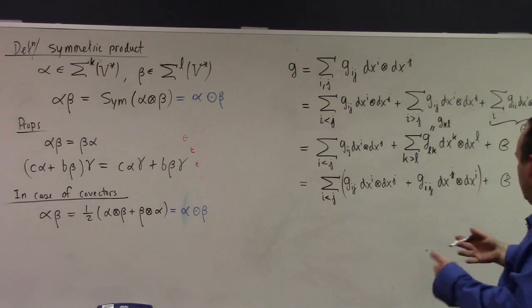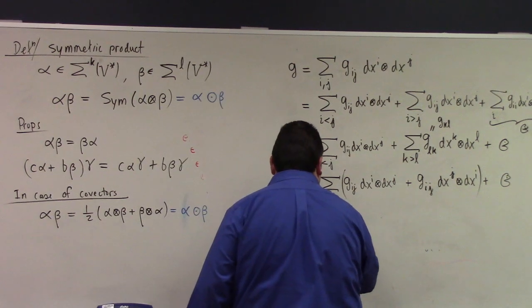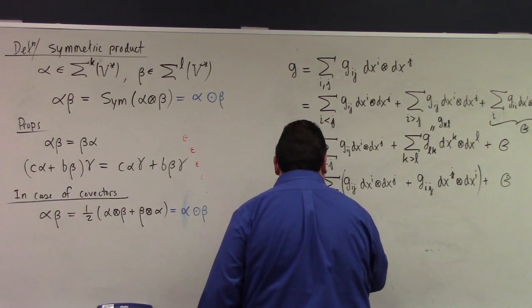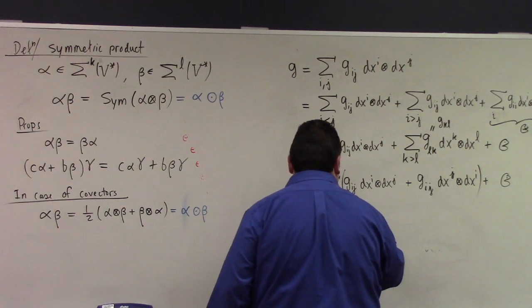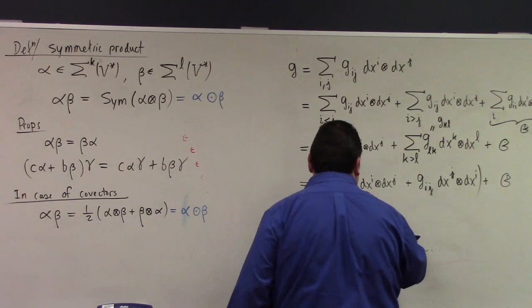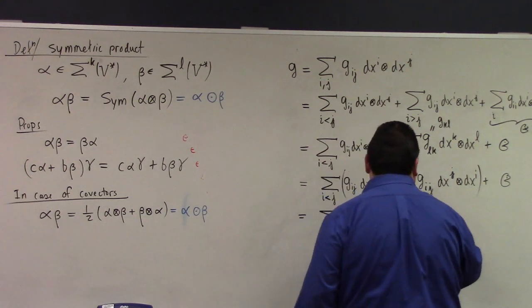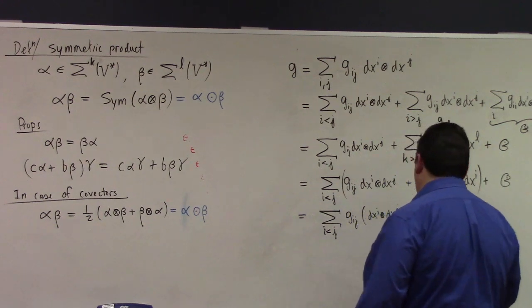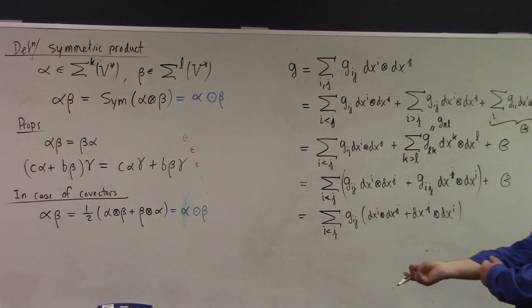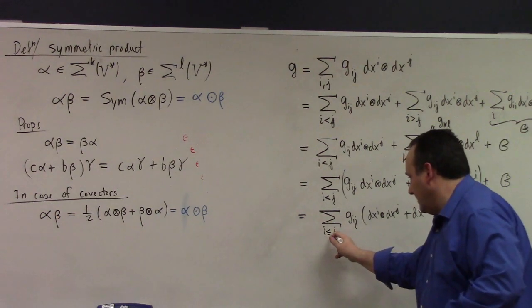But then I have the sum over i less than j of g_ij times (dx^i tensor dx^j plus dx^j tensor dx^i). And check this out. No Pac-Man.